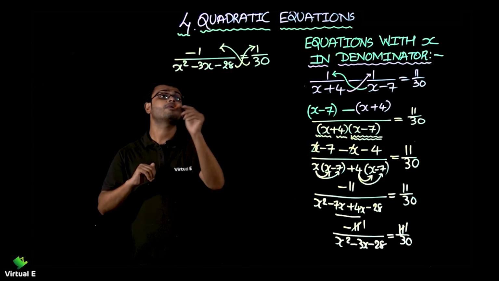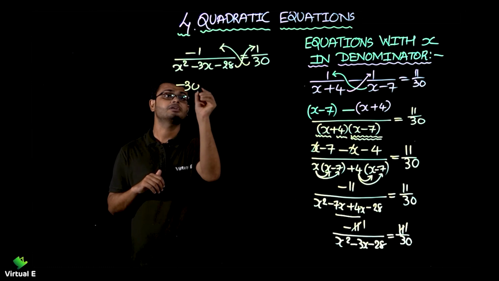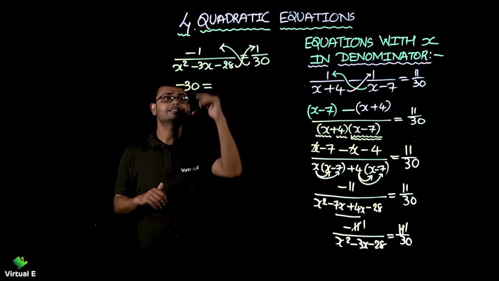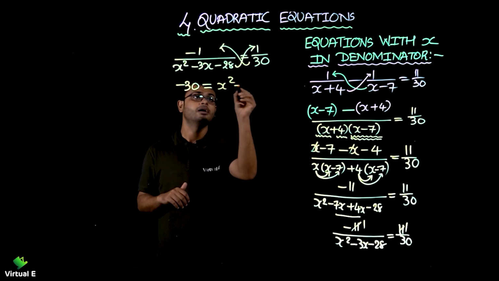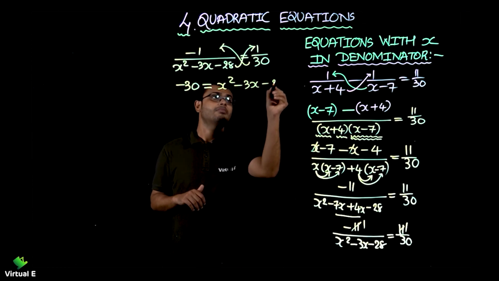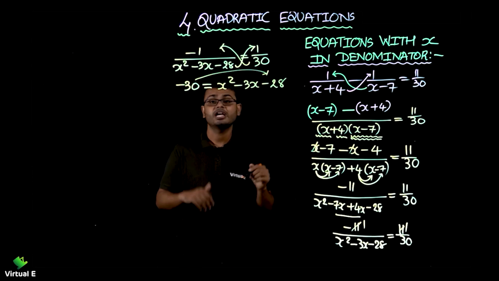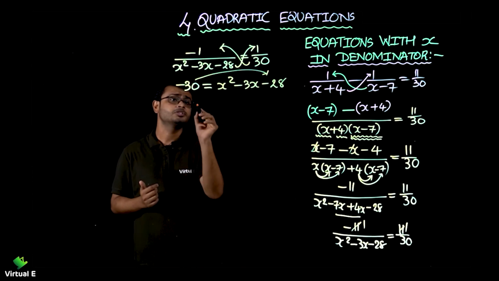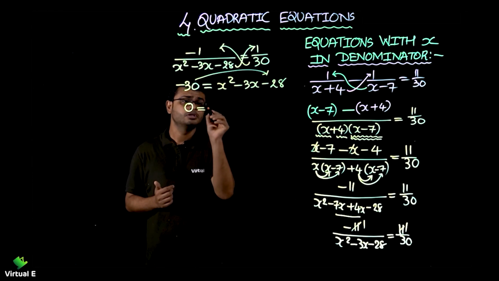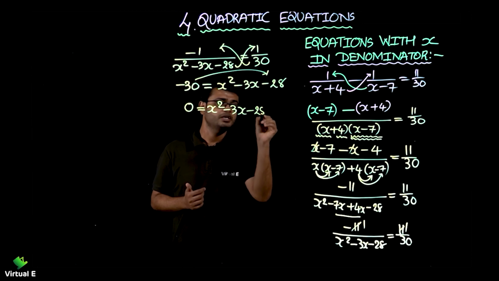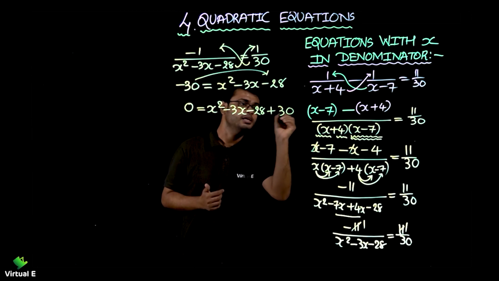So 30 into minus 1, that will give you minus 30, and here anything multiplied with 1 is going to remain as it is. So x square minus 3x minus 28. Let me bring this minus 30 over this side, it will become positive. So here it will be 0 is equal to x square minus 3x minus 28 plus 30.